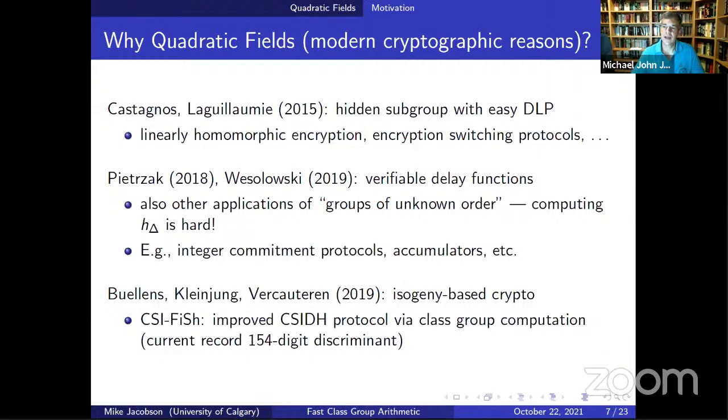More recently, Pietrzak and Wesolowski have both independently described something called a verifiable delay function using arithmetic in class groups of quadratic fields. This is another really interesting cryptographic construction that plays an important role in some blockchain design. So a lot of current interest.